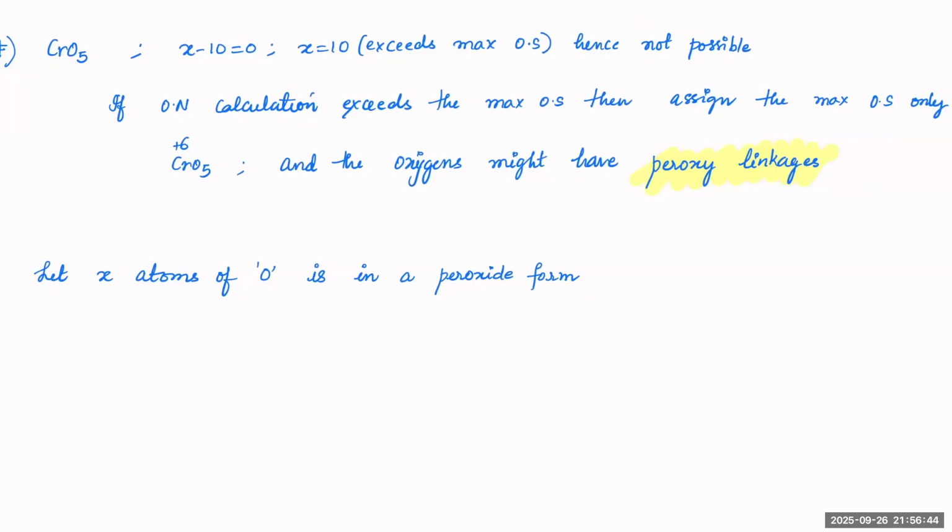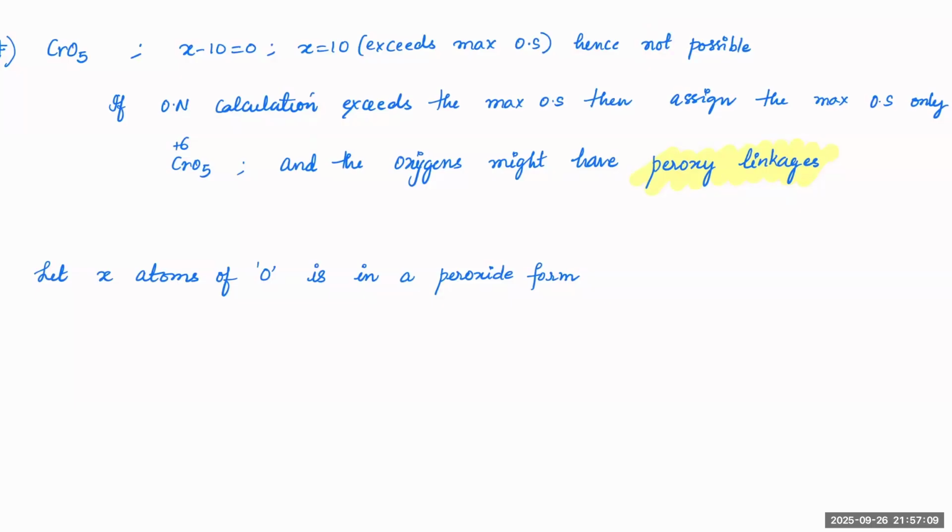Chromium can maximum attain 6 because in its outermost shell, the configuration of chromium being 4s1 and 3d5, it could maximum lose 6 electrons only. So it can never have +10 oxidation state. So that means, although as an equation it looks correct, it is an absurd value.